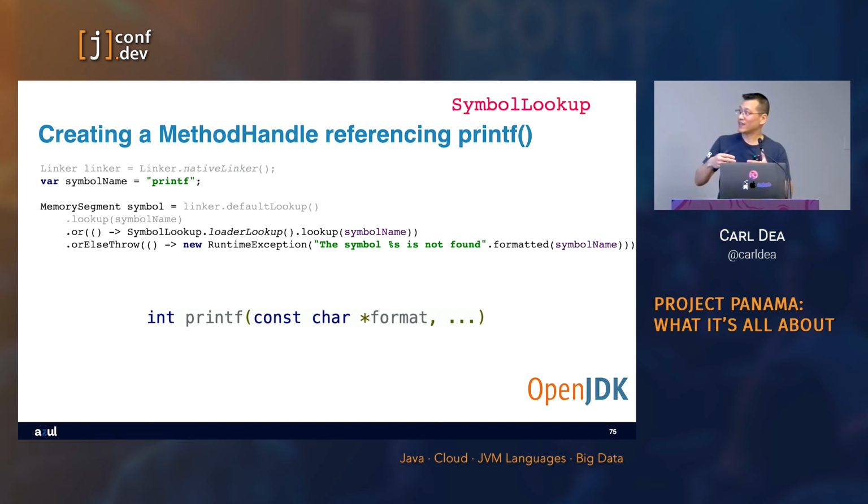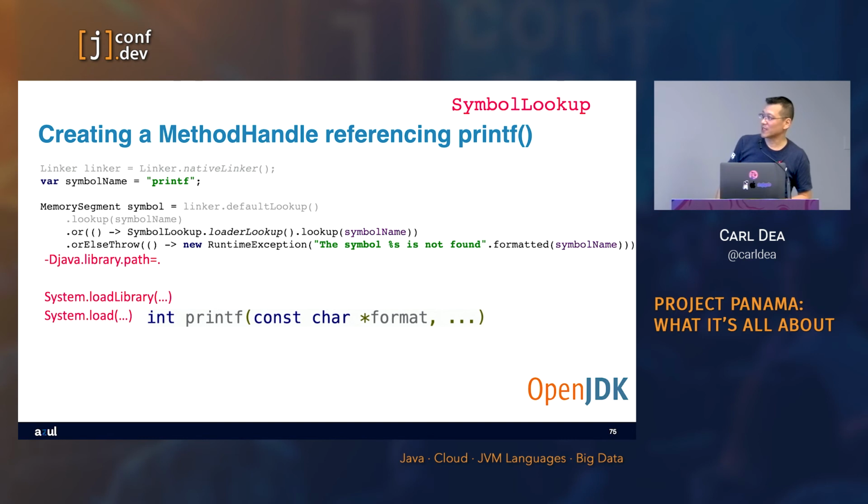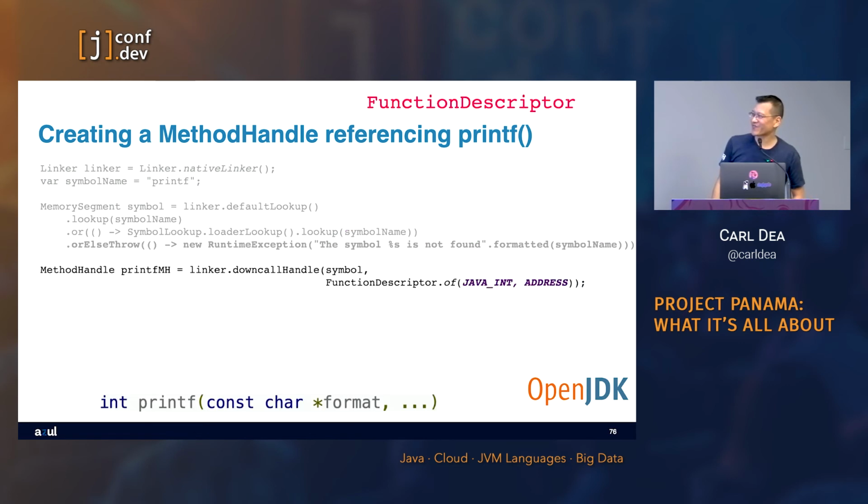So the idea is that you're trying to look for that symbol, but if it's a third-party library, you're probably using that System.load lookup, right? So that's the area where you look it up. But if you don't find it in either place, then it'll throw the runtime exception. Again, that's what I meant, if that makes any sense.